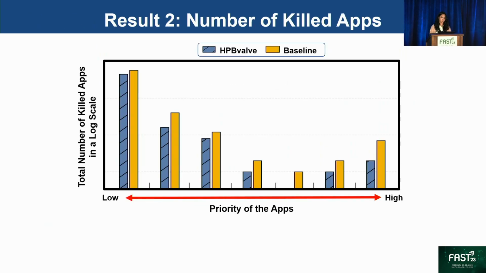Secondly, to evaluate the impact of our proposed dynamic HPB size adjustment scheme on UX, we observed changes in the number of important apps killed by LMKD. This graph shows the number of killed apps in a log scale for each priority category. HPBvalve much lowers the total number of app kills by 25%.